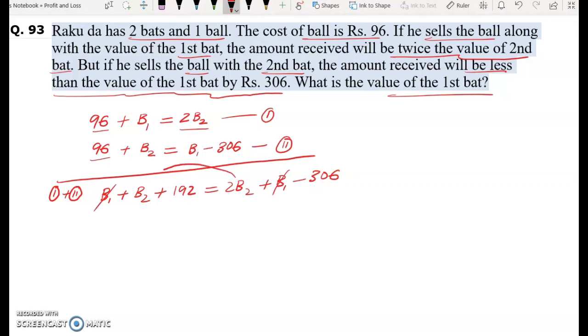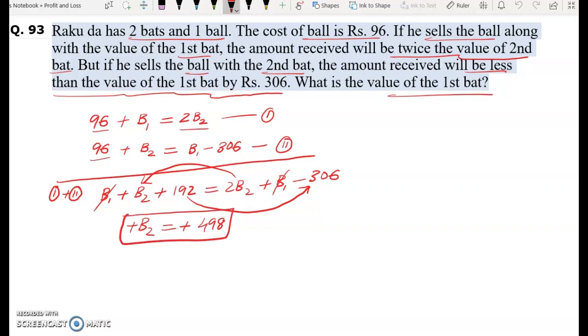Now if we take this B2 on the left side, we will get minus B2. If we take 192 on the right hand side, we will get minus 192 plus 306 will give us 498. So minus B2 is equal to minus 498. This we can change the sign to positive. So B2 is equal to 498.